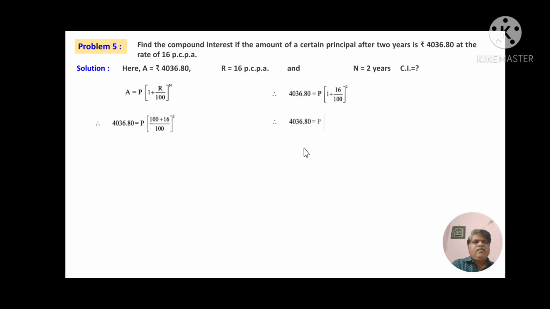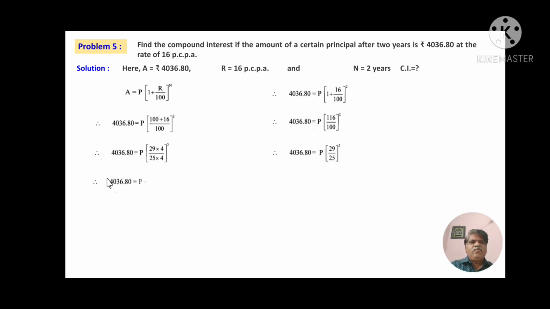Again, 4036.80 is equal to P into bracket, the addition of these two, 116 upon 100 raised to 2. Again, we can split 116 upon 100 as 29 into 4 upon 25 into 4, raised to 2. Therefore, 4036.80 is equal to P into bracket 29 upon 25 raised to 2.